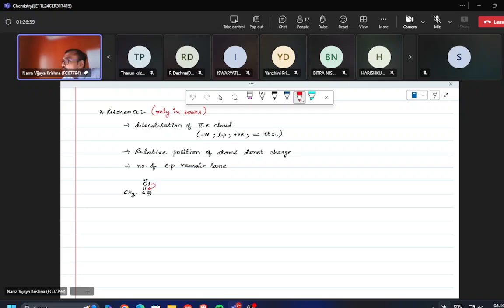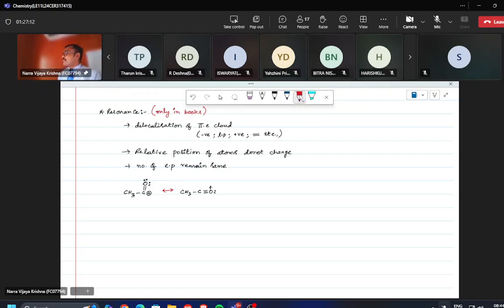Oxygen has a lone pair, meaning more electron density. Carbon has a positive charge, meaning it is electron deficient. The lone pair is present in the 2p orbital of oxygen, and carbon's empty orbital is a 2p orbital. Both have nearly the same energy. Then oxygen can give those electrons into that empty orbital. Then what you will get? CH3 C triple bond O plus. Now among these two, which is more stable?